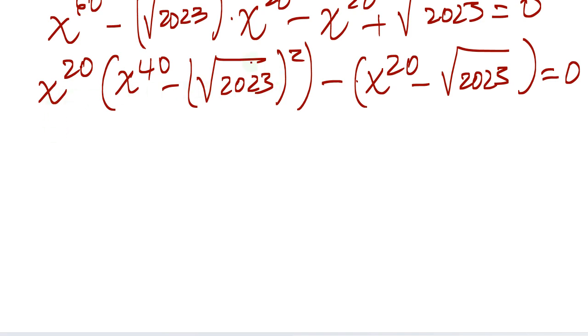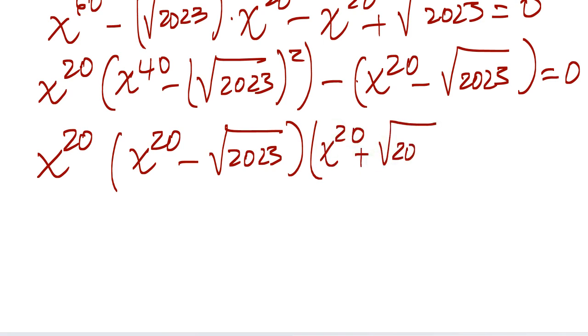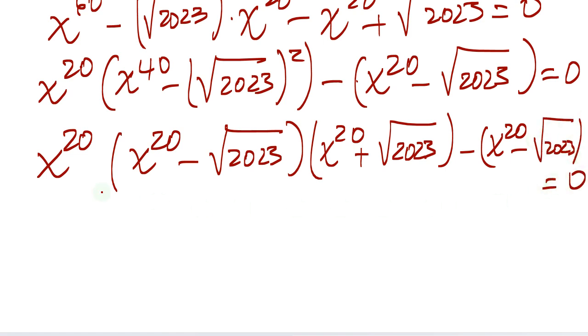Here this is a difference of two squares, because x to the 40 is x to the 20 to the power of 2, so this is x to the 20, which multiplies x to the 20 minus square root of 2023, which multiplies x to the 20 plus square root of 2023, and then minus x to the 20 minus square root of 2023, equal to 0.